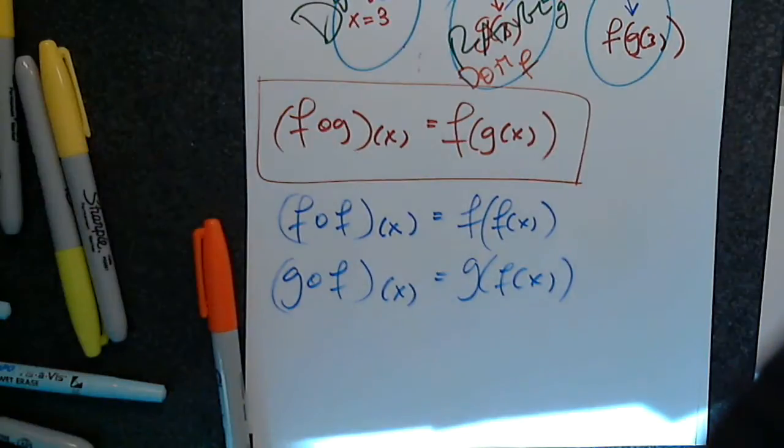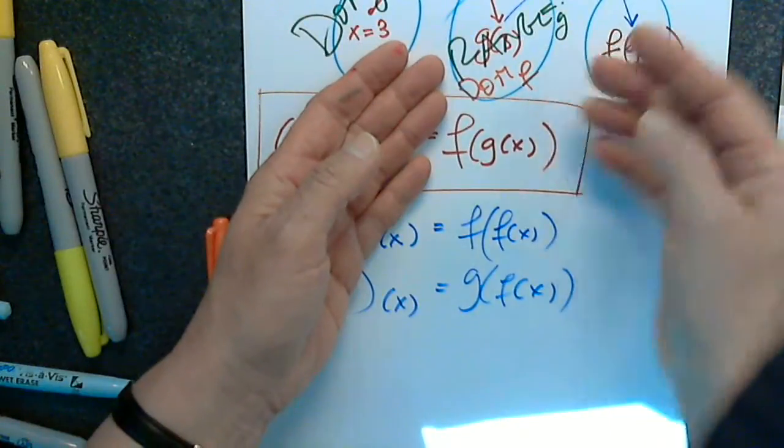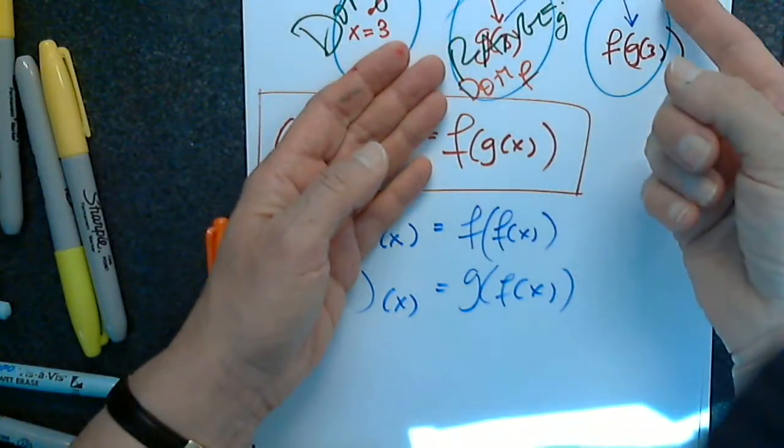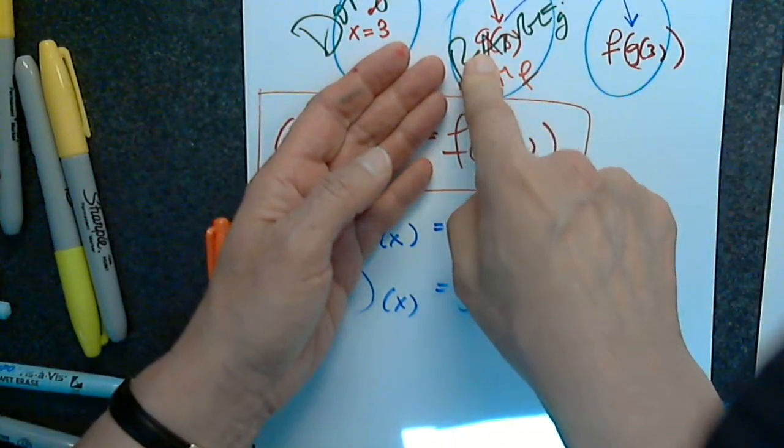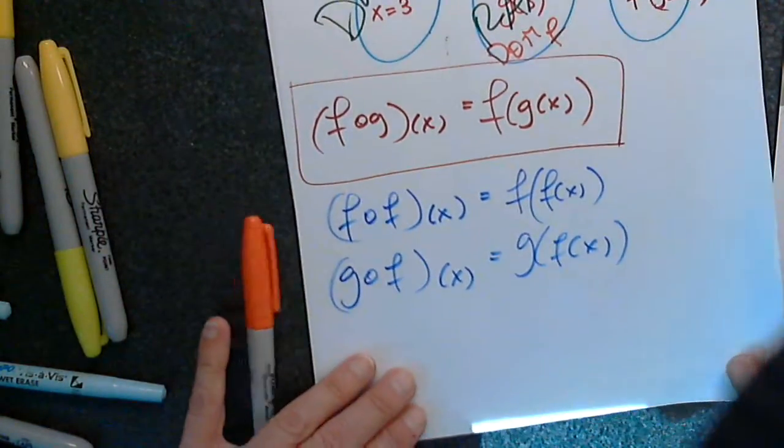You're not going to be asked to find the domain for the function composition, but I just want to make a point. The concept of common domain means nothing for the function composition, only for sum, difference, product, ratio. Here the problem is this: the range of g has to work well with the domain of f. Otherwise, we cannot create a function composition.